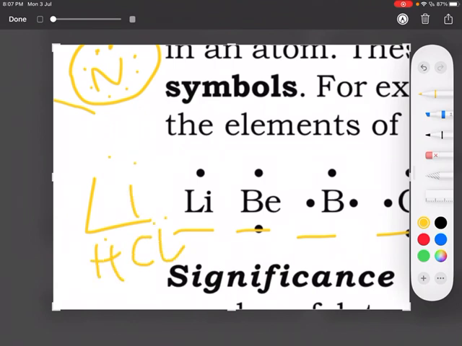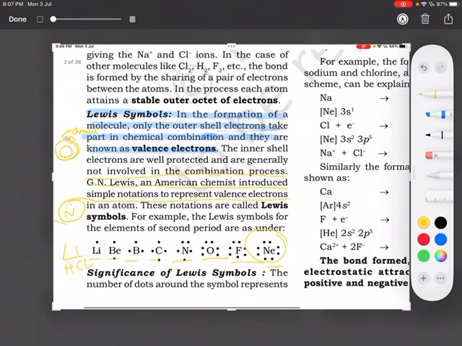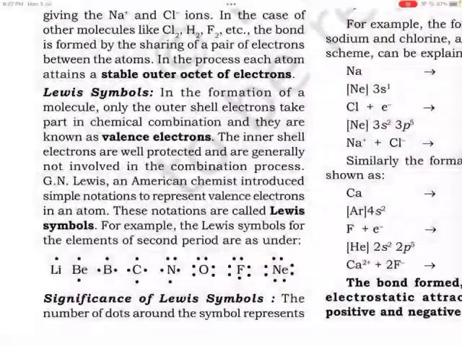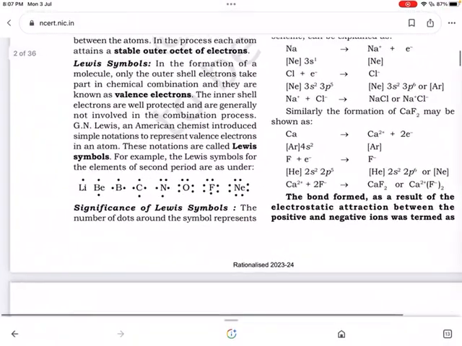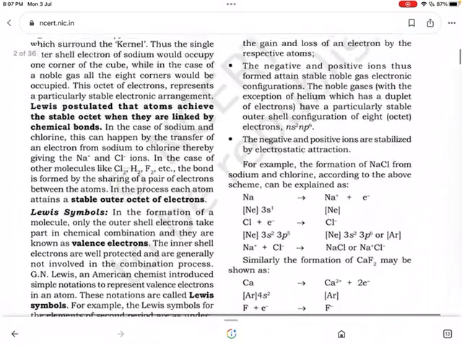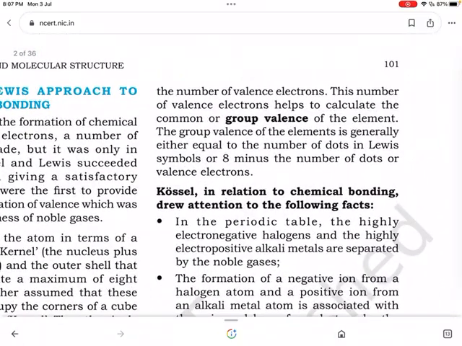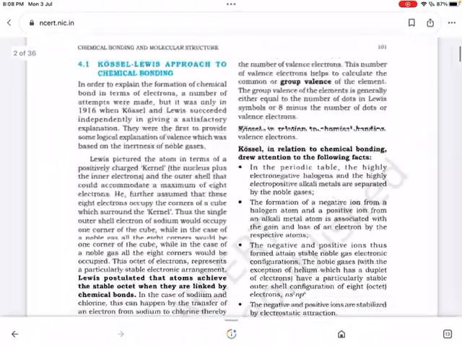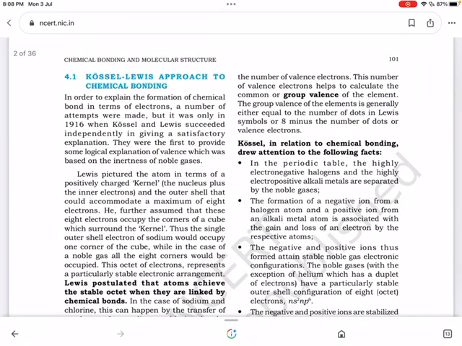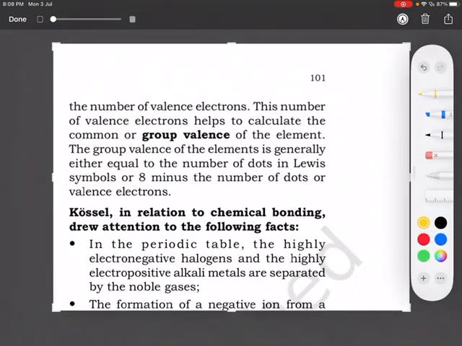Now let's see the significance of the Lewis symbol. The number of dots around the symbol represents the number of valence electrons.